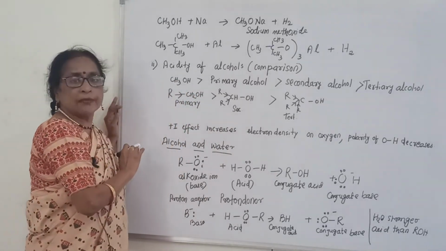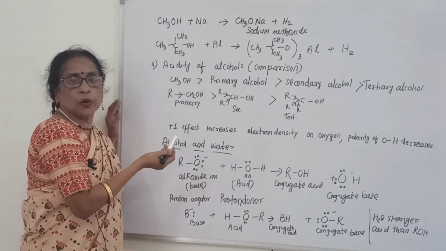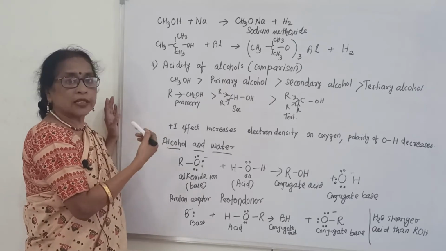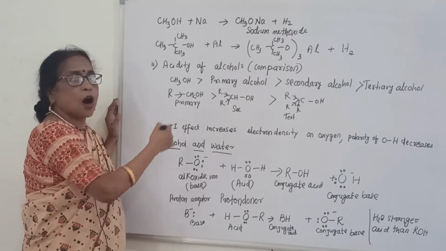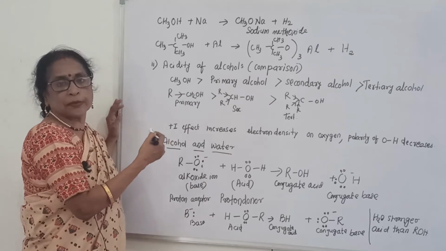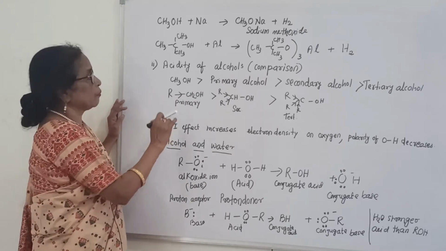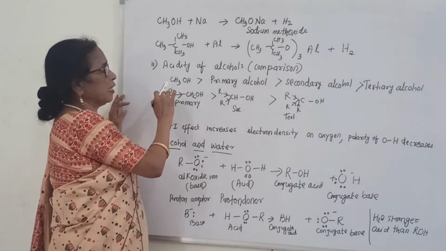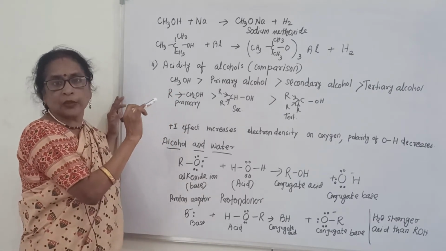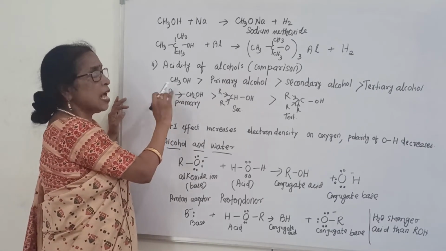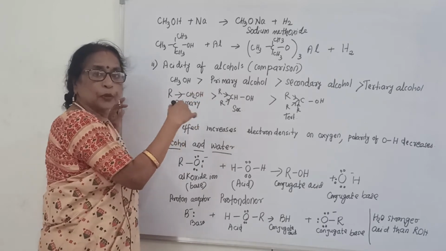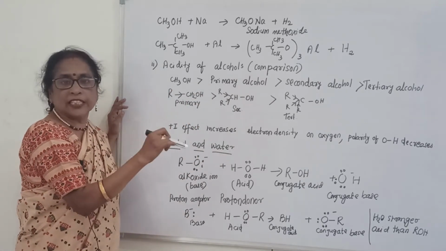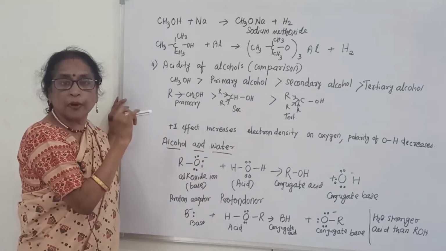Now, acidity of alcohol. How can you know the acidity of alcohol, what are the tests, and how can you compare different types of alcohol regarding acidity? In methyl alcohol, only hydrogen atoms are attached to carbon and there is no alkyl group. You know an alkyl group is an electron releasing group with a plus I effect.